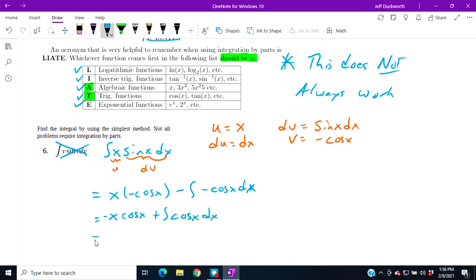Let's add one more step here. The integral of cosine of x is just sine of x. Now, we have an indefinite integral, which means that this will work with any additional number value. So we need some sort of constant c to be talked about here, and this will be our answer.